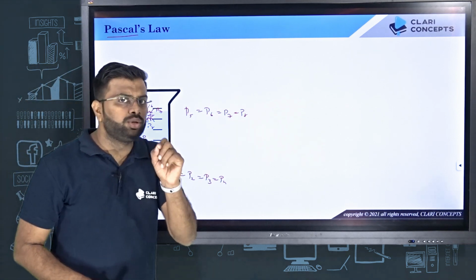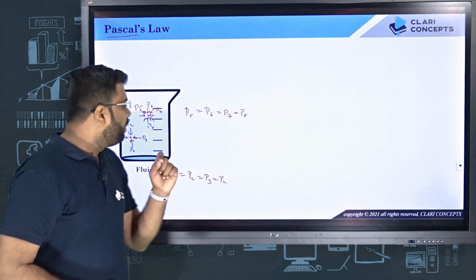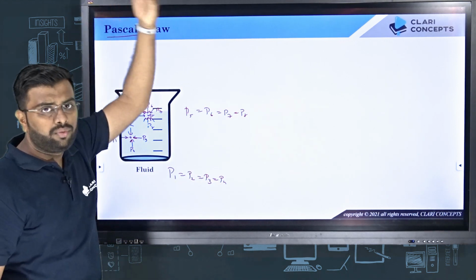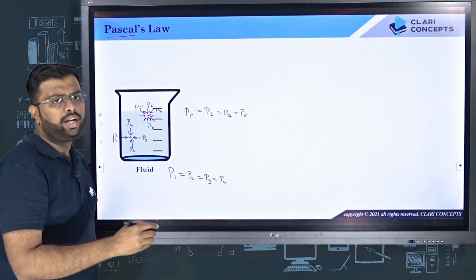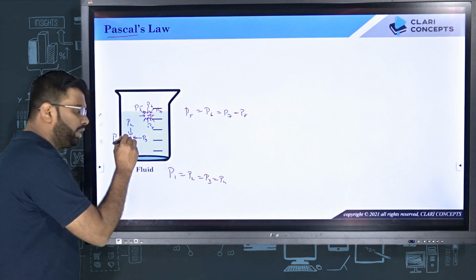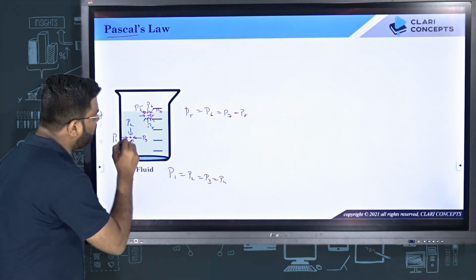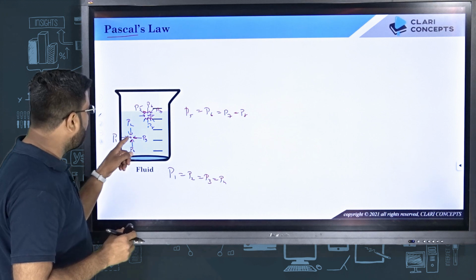Now see this. Many a time students get confused in this particular topic. They take it another way, that Pascal has said that pressure at all the different points in a fluid at rest is the same. It is not like that. Pascal said at any given point, pressure from different directions will be equal. It doesn't mean that pressure at this point will be equal to pressure at this point.